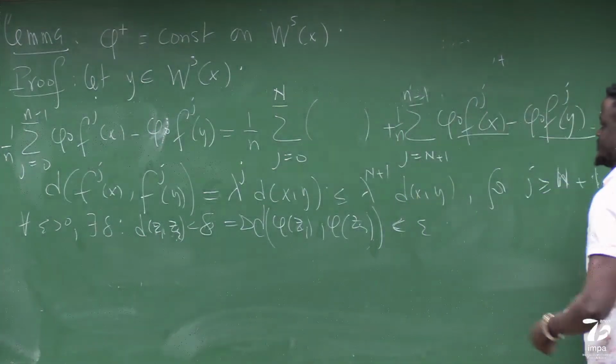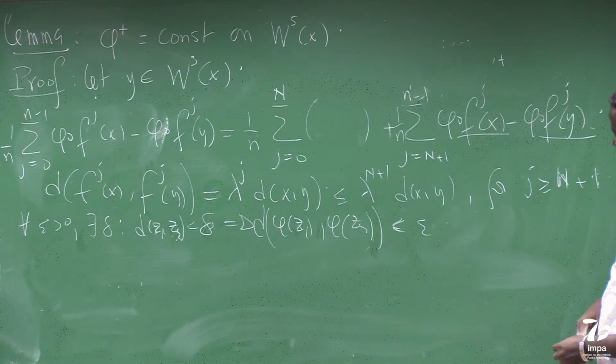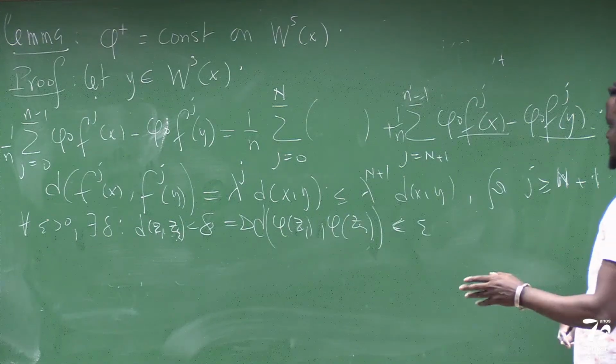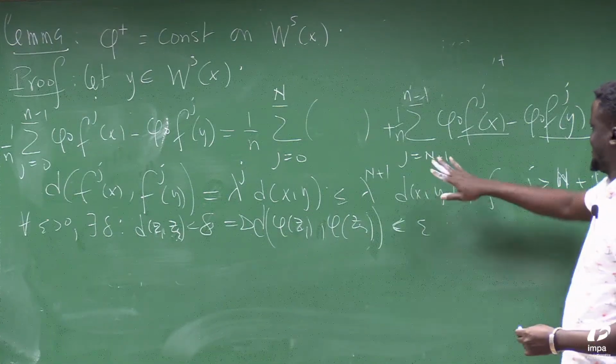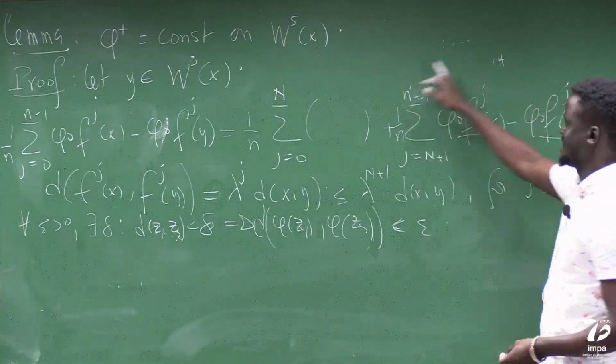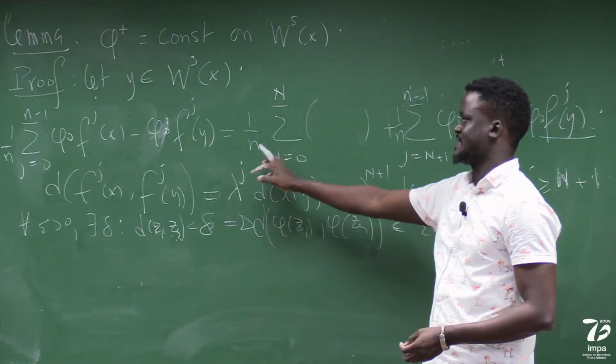Small n is bigger than big N, let's stick to that. So this whole thing will be less than epsilon, and this will go to 0 as n goes to infinity.